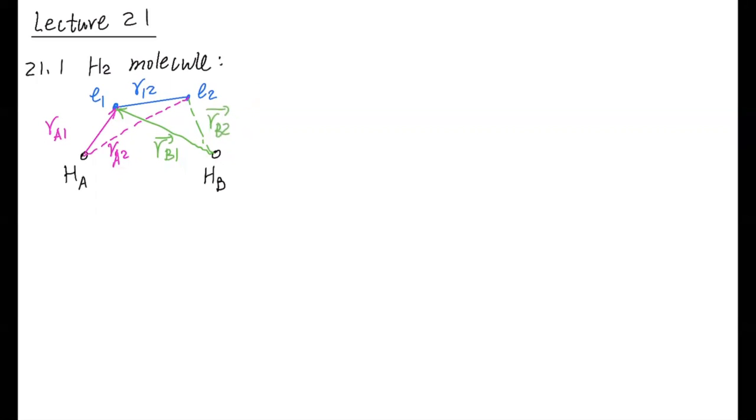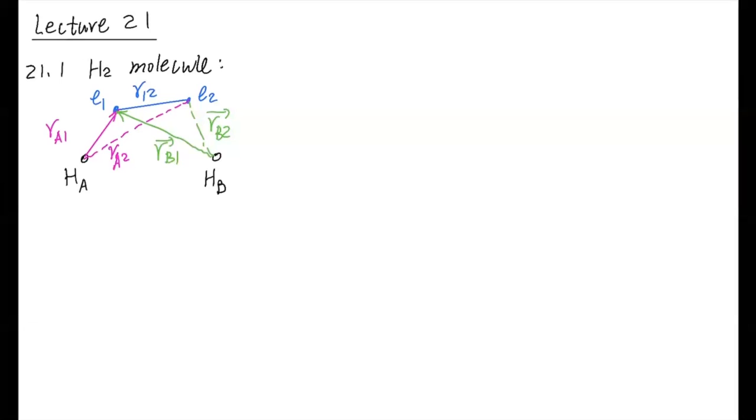RB2 is the separation between HB and the second electron. So we have defined all the variables in the hydrogen molecule.